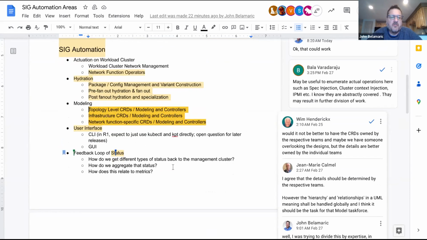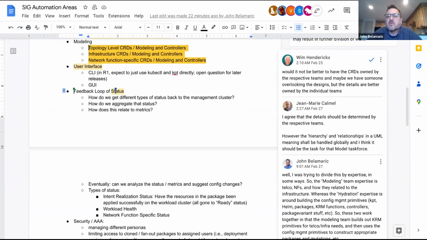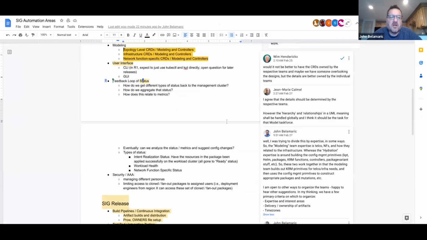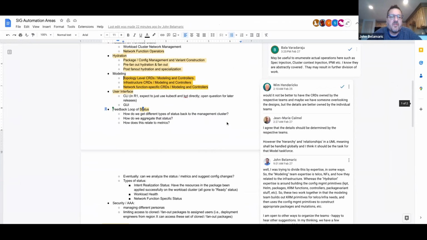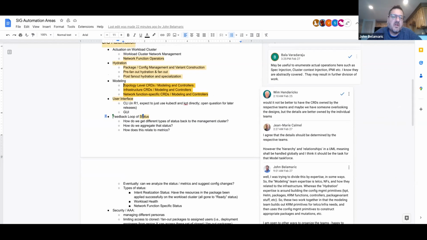These are the basic areas of work that I see, and others have added some things. Somebody added, I don't know who, but thank you, security, or really AAA: authentication, authorization, accounting, but really it's about authorization largely.